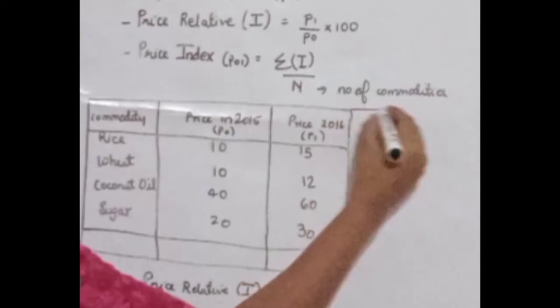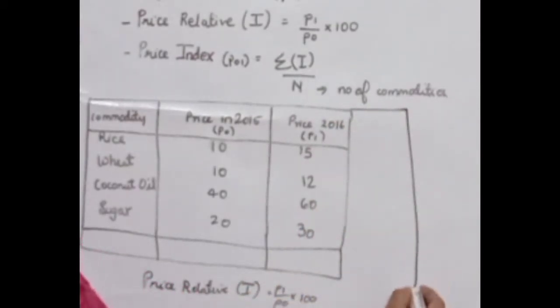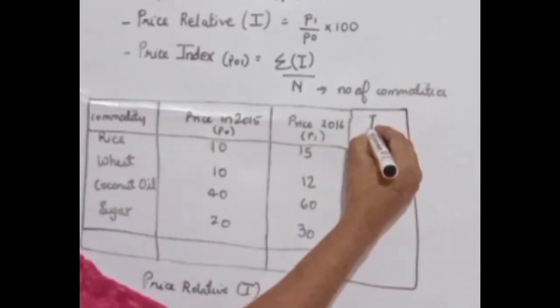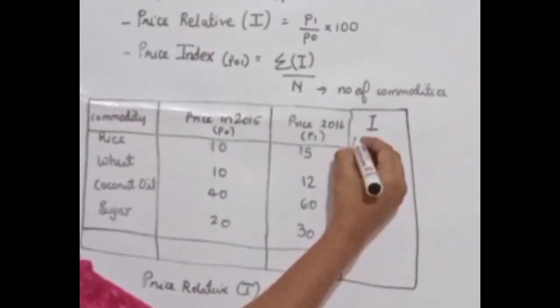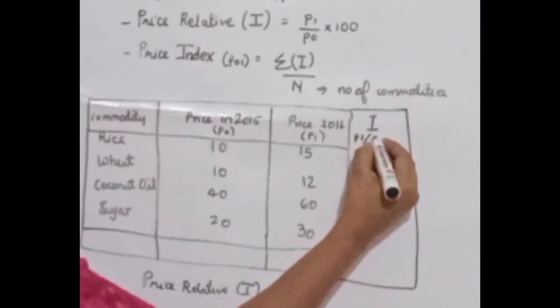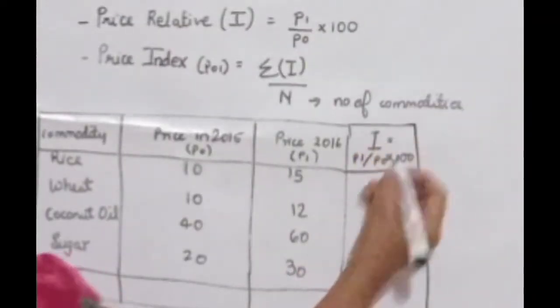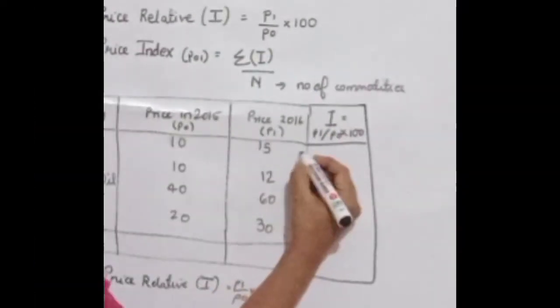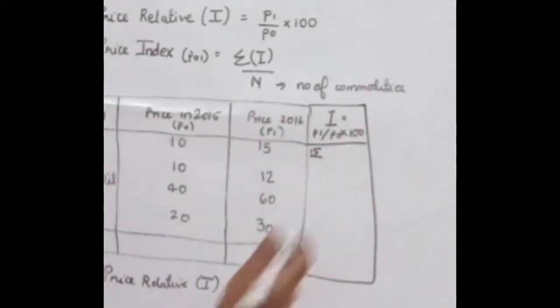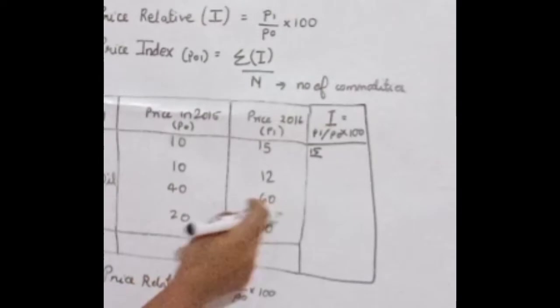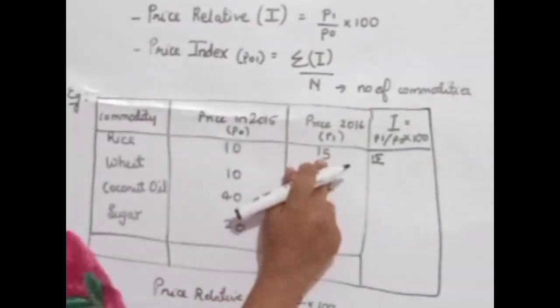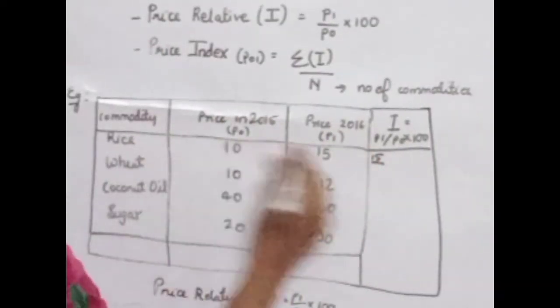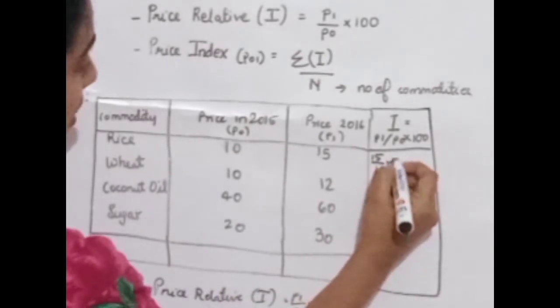Now we will make another column for I. What is I? P1 divided by P0. So let us substitute it. P1 is 15 for rice, P0 is 10 for rice, into 100.